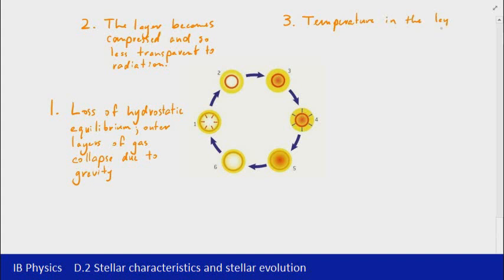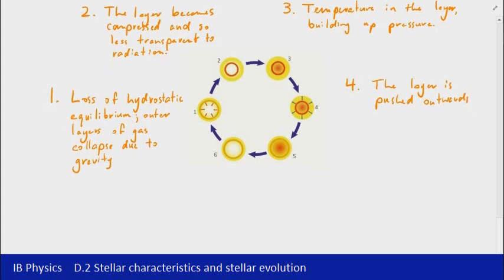And with an increasing temperature, we also see a building up of pressure as well. So as pressure starts to increase, all of that gas that has been compressed is then going to be pushed outwards, and that's what we see in step 4. After that layer is pushed outwards, the gas starts to expand again.